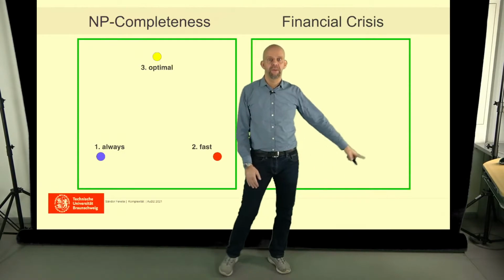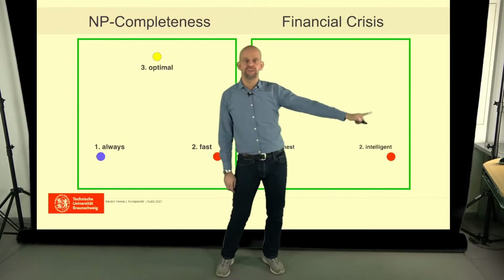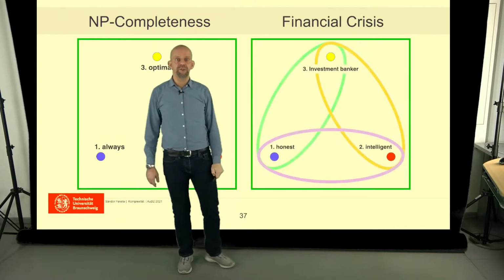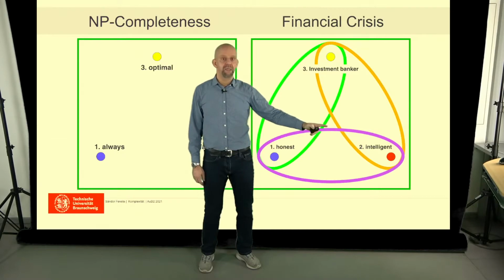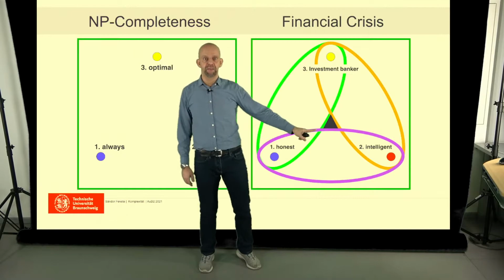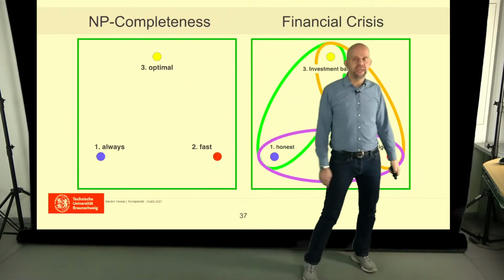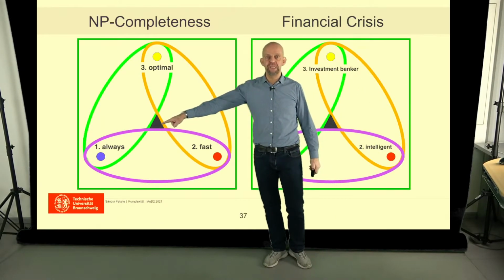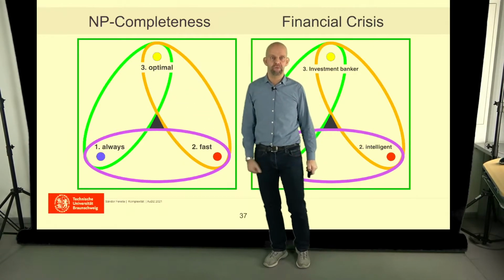That is just like having an honest, intelligent investment banker. And the thing is, the intersection of all these combinations of these properties is empty. There's what's called the black hole of investment banking. There is no such thing as all these three things together. And the same applies here, because unless P equals NP, you cannot have all these three properties together.